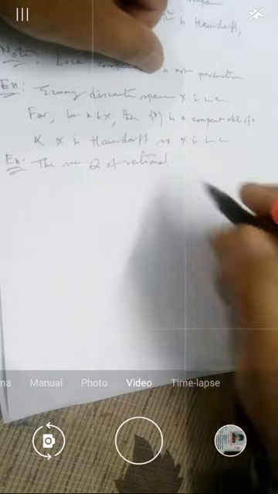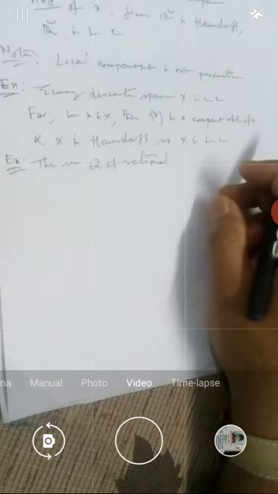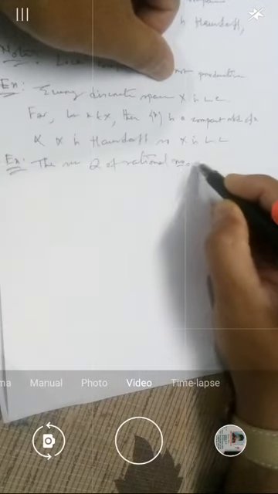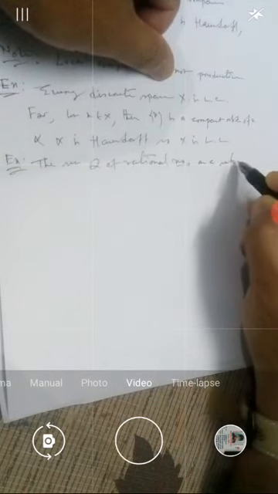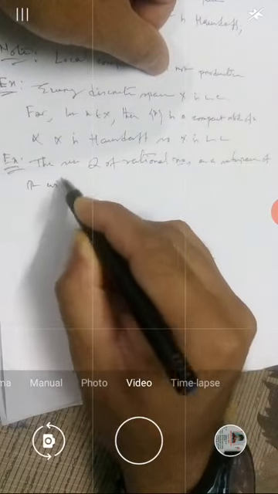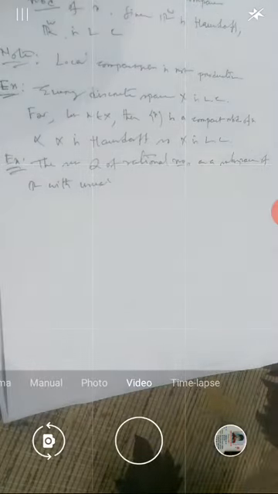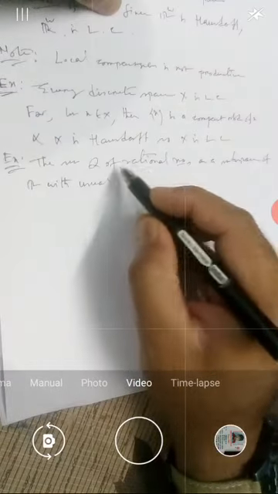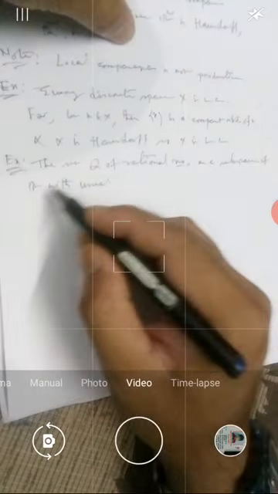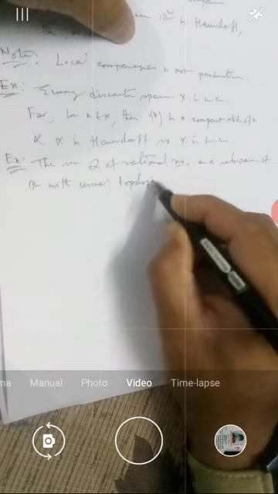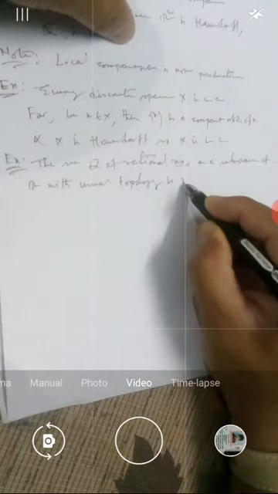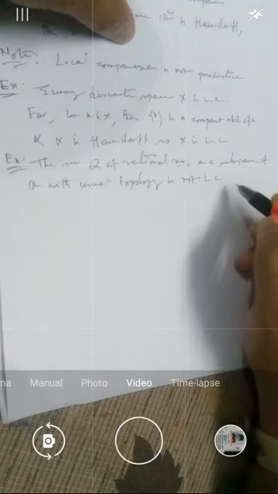I am sketching a proof of this. The set Q of rational numbers as a subspace of R with usual topology is not locally compact.